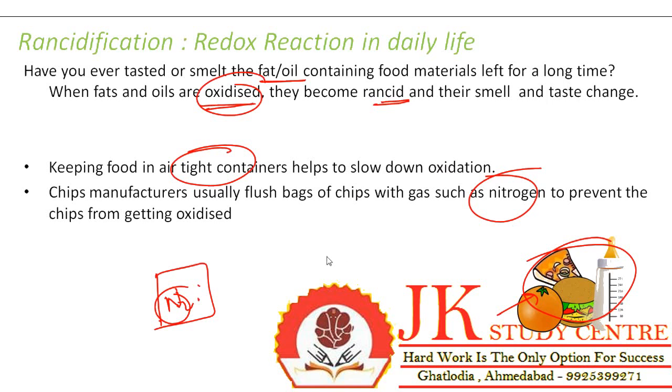The pickle we have in homes is dipped in oil. Why? Because in oil it won't get contact with oxygen. If it doesn't get contact with oxygen, it won't become rancid and it won't get spoiled, right? So that's one way to prevent these things from becoming rancid.